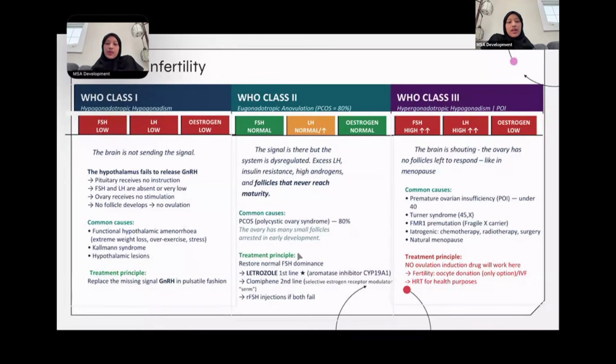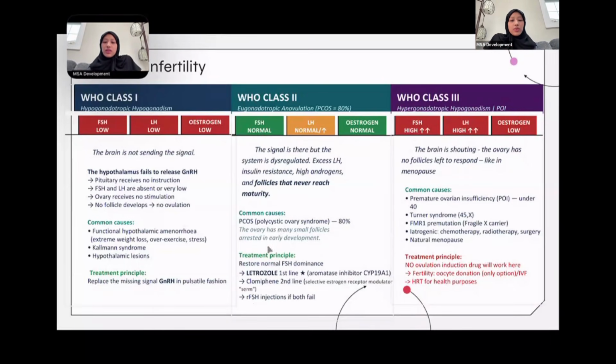PCOS or class 2. Clomiphene citrate is another kind of drug, which is second line, and its function is that it mainly works on estrogen receptors. So I will come more into that in detail. If these two don't work, you can give recombinant FSH. So you can just start giving FSH in a normal manner as injections, and it will restore that cycle.